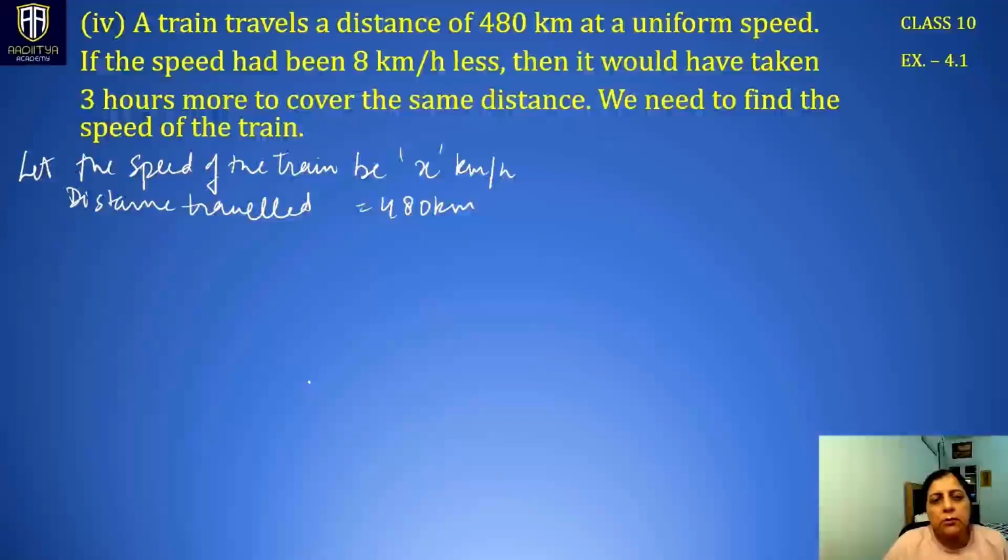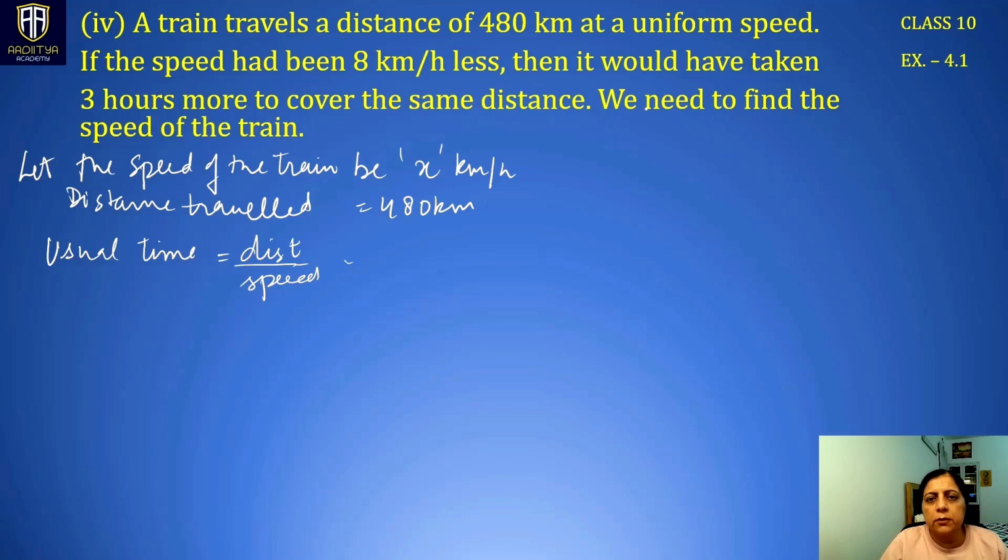So that means this is a usual case that a train covers this much distance with the usual speed. So according to that, you can write the usual time. That means if there is no change in the basic speed, the usual time of that train is, time is distance upon speed.